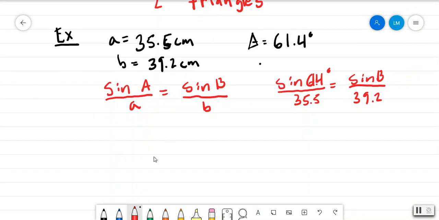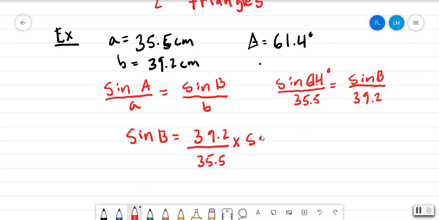So sine of B is equal to 39.2 divided by 35.5 multiplied by sine of 61.4 degrees.